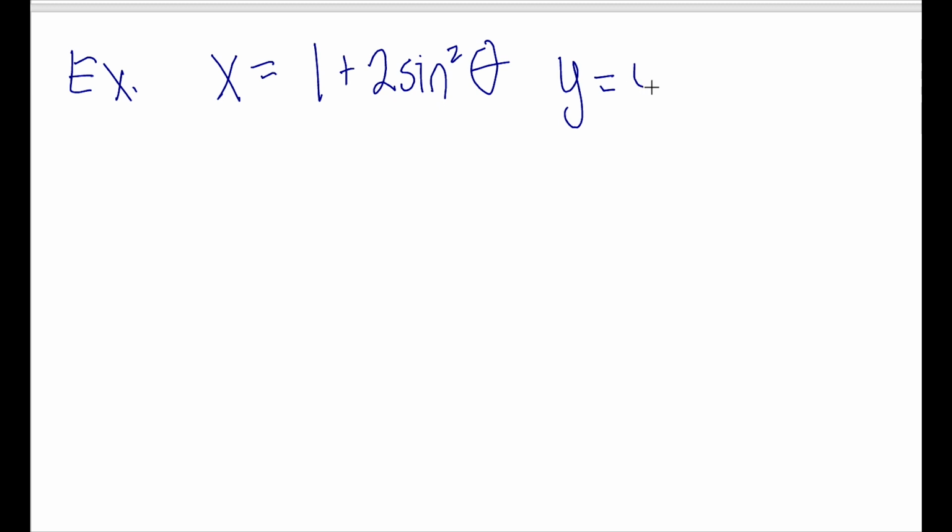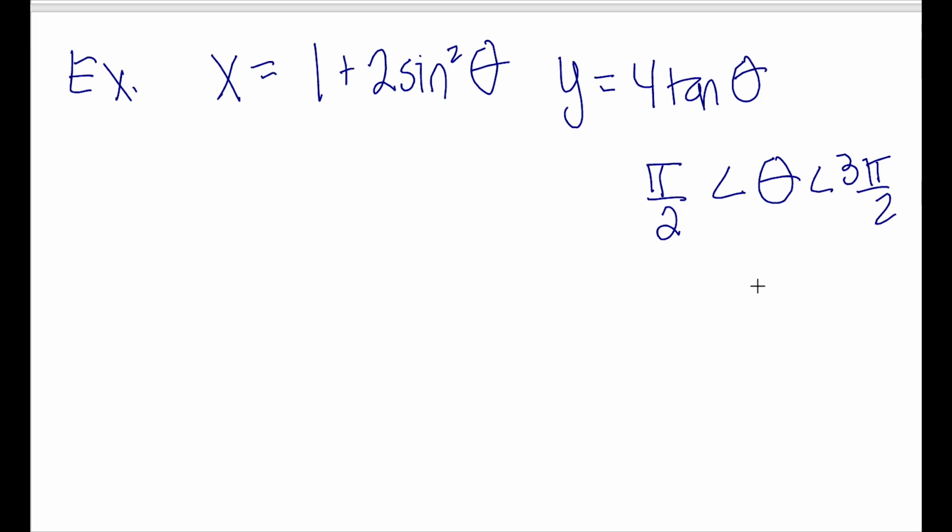Our next example is going to involve trig functions. X equals 1 plus 2 sine squared theta, and y equals 4 tan theta. We're given the restrictions that theta is between pi over 2 and 3 pi over 2.